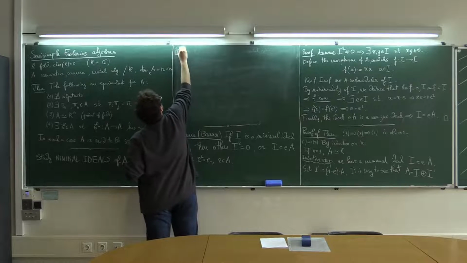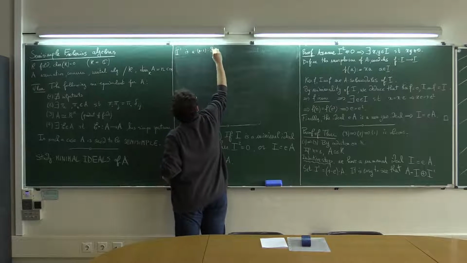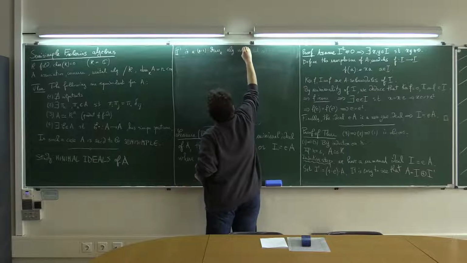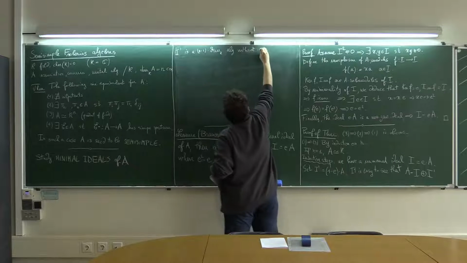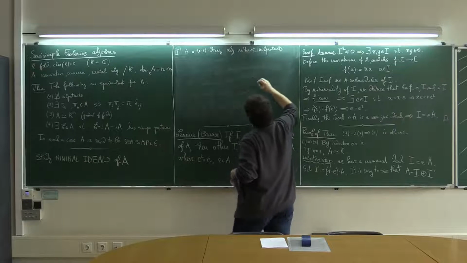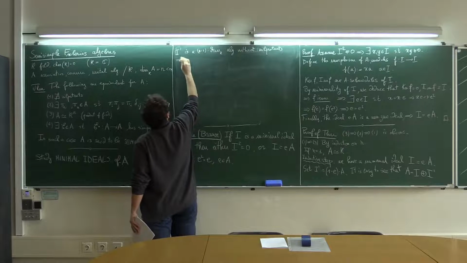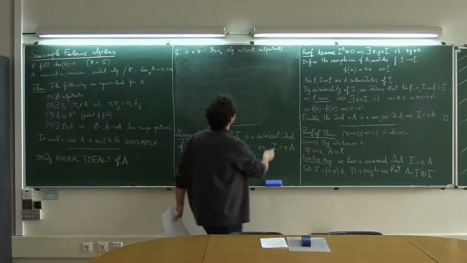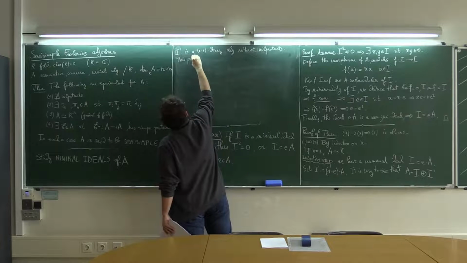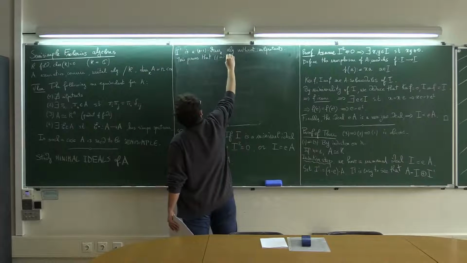So I prime is an n minus 1 dimensional K-algebra without nilpotence, and consequently the result follows. So we have proved that 1 implies 3.